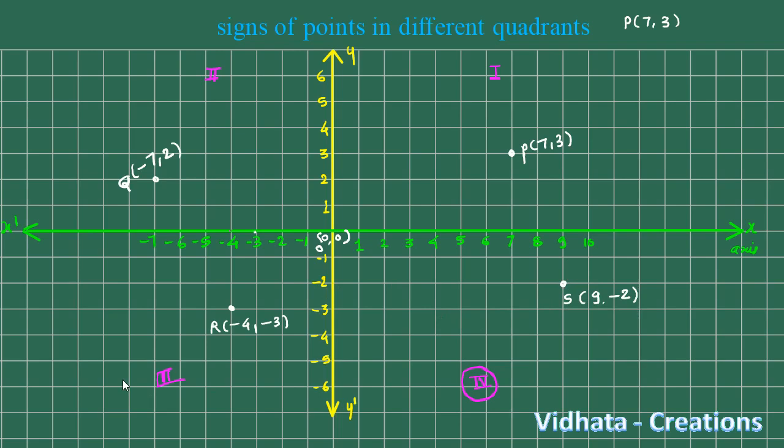Now keenly observe the signs of the coordinates of the given points. If you observe point P, then both its coordinates are positive.